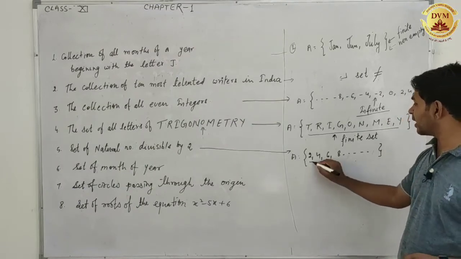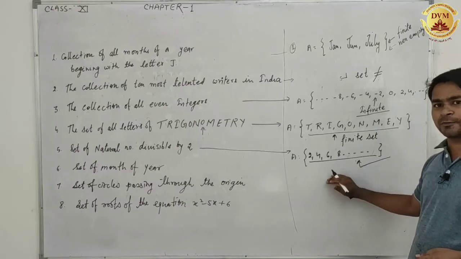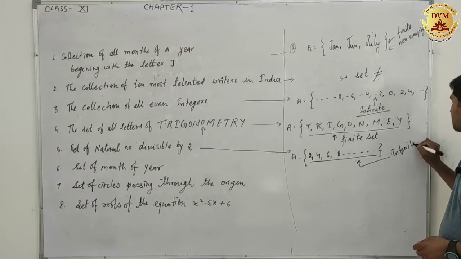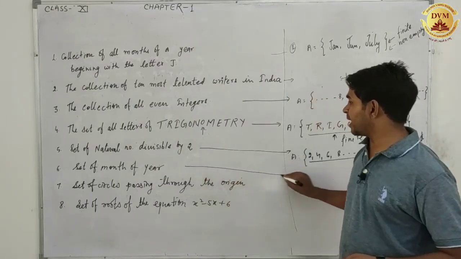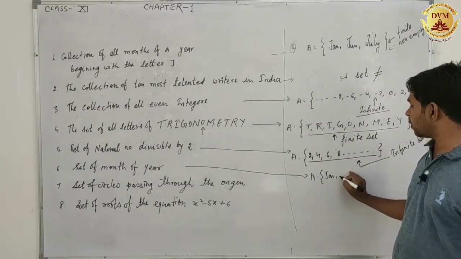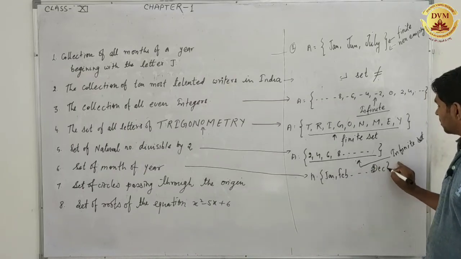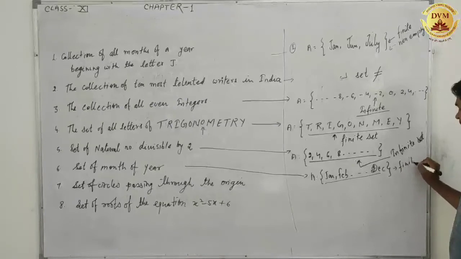So there are infinite numbers in this set, so it is also an infinite set. Okay, next is the set of months of the year. In this we will use all 12 months. So there are 12 elements, so it is a finite set.